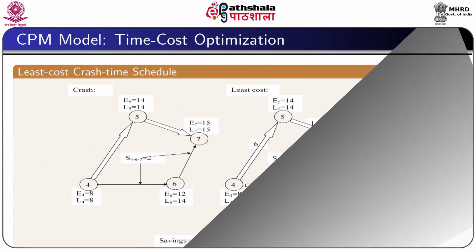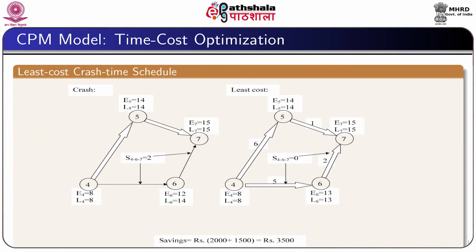Now, we consider the other non-critical path 4, 6, 7 in which the slack is 2 units of time.